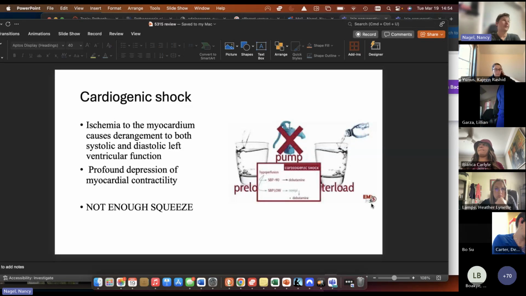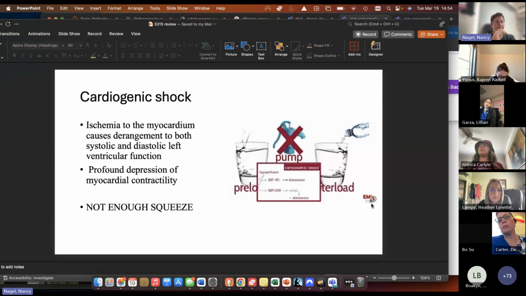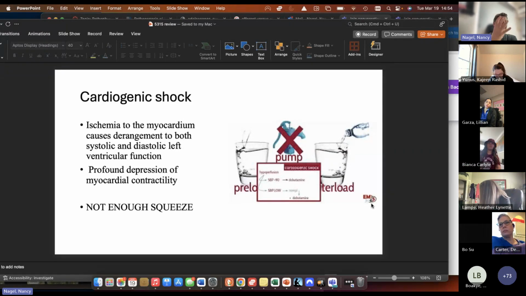And that's an oversimplification because somebody who has severe heart failure, it's very easy for them to tip over into a cardiogenic stage, and that has nothing to do with stunning. But if you think of it like stunning, it means that you have depression of the myocardial muscles. So they are not getting the squeeze that they would normally get.